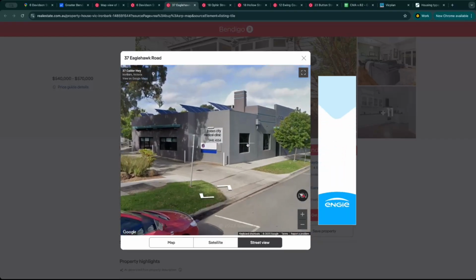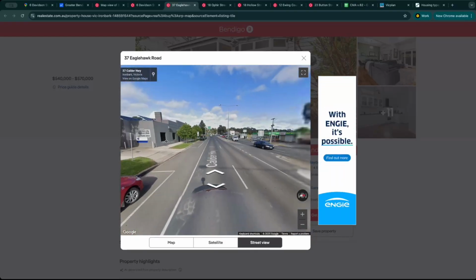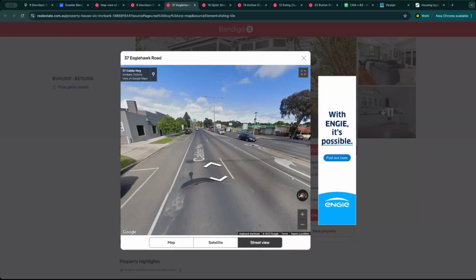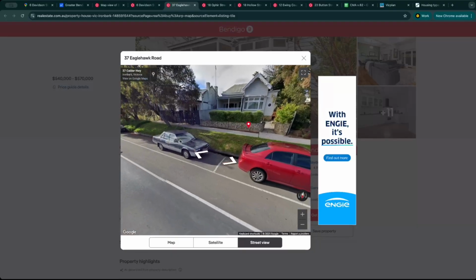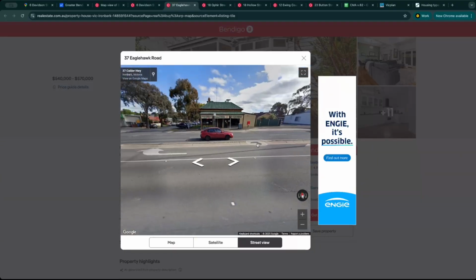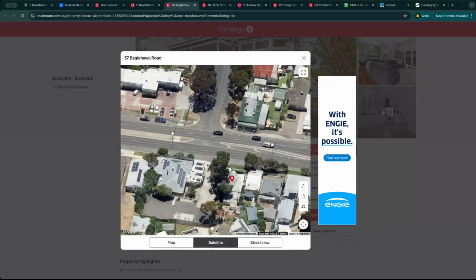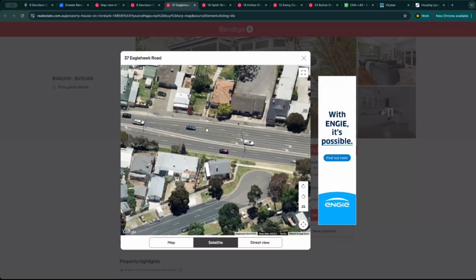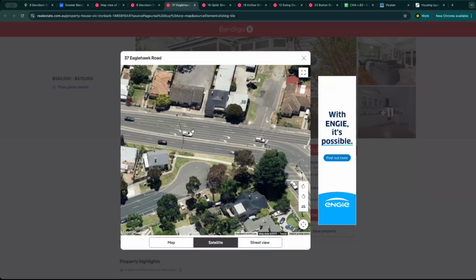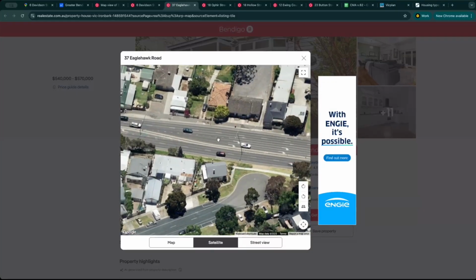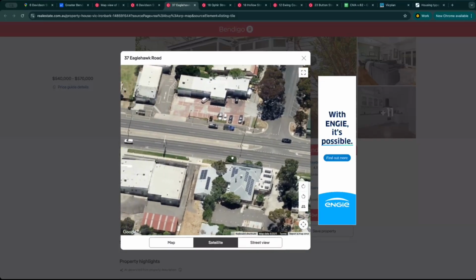You've got a commercial property, a medical clinic, right next door, and a very main road that the property is situated on. It has essentially 4 lanes of road. Actually, it even goes into 6 lanes. This is very clearly quite a busy road.